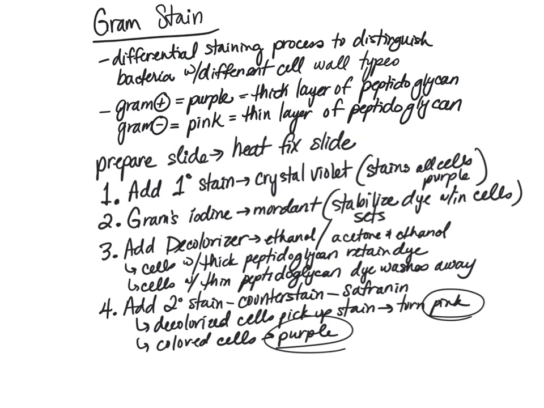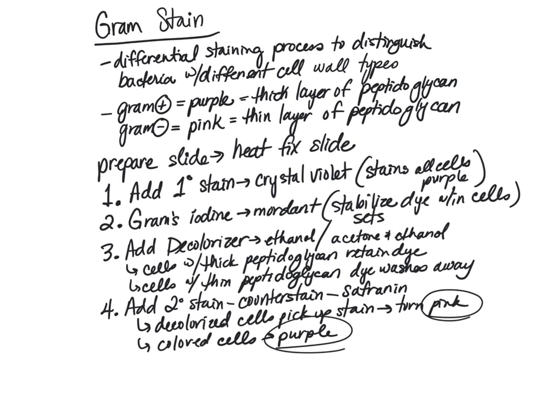So there are a couple of things to keep in mind when doing a gram stain. First, old cells. If you are using old cells, they may have damage to their cell walls. And if they have damage to their cell walls, they may not have that big thick layer of peptidoglycan. So then they may end up all appearing gram-negative when they really do have some gram-positive.